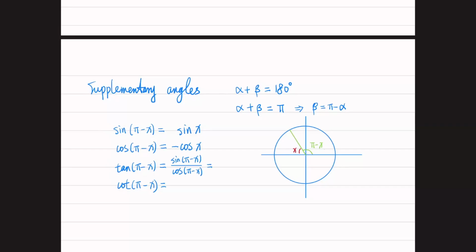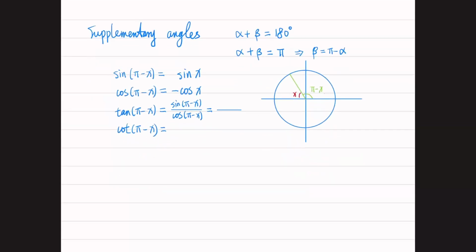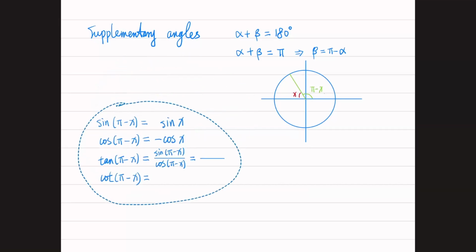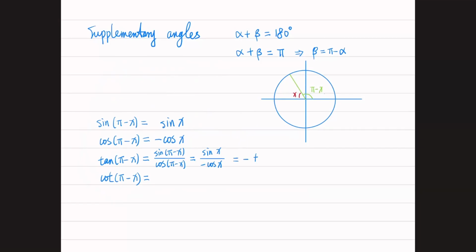Okay, Jessica, apply the previous formulas. Try to simplify this. Sine x over negative cosine x. Okay, which is? Teacher, it's supposed to be negative cosine. George, is this what you mentioned? Yeah. Okay.